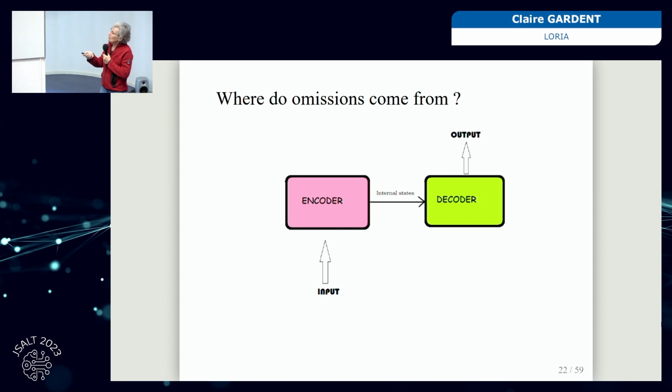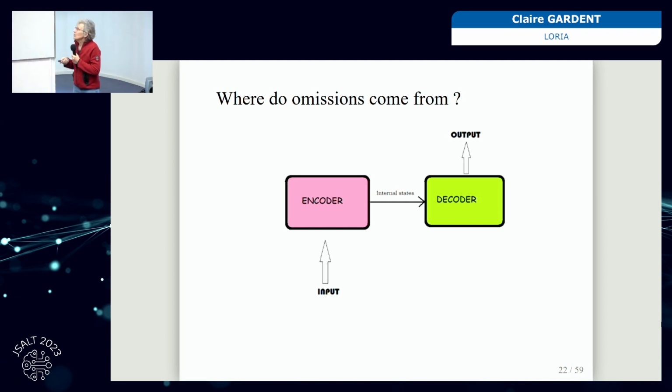So you first create the representation of the input using the encoder, and then you decode from that representation to generate the output text. And so our hypothesis was that the encoder was mainly responsible or plays a big part in omission.